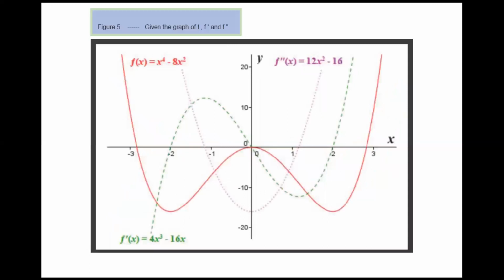And then we come down here to figure 5. This is just another one of them, 3 for the price of 1. It's a little more complicated, in other words, we have more critical numbers. The red graph is the original function, the green graph is the graph of the derivative, and the purplish graph is the graph of the second derivative.